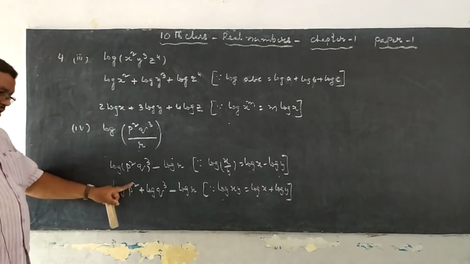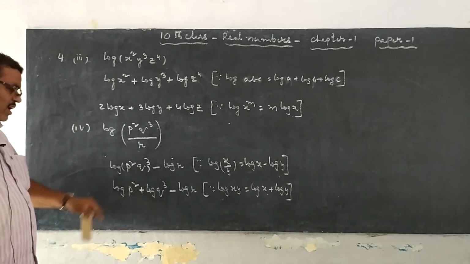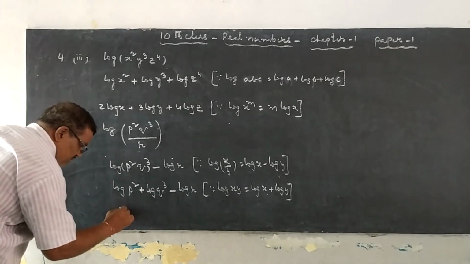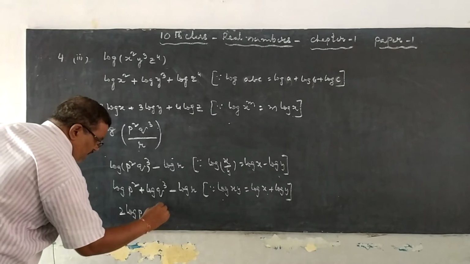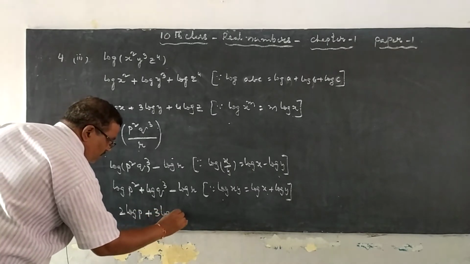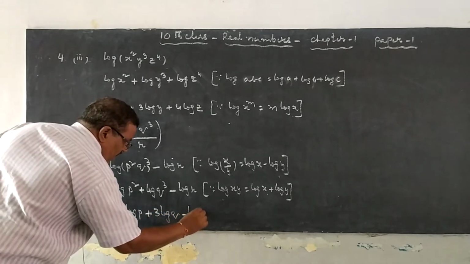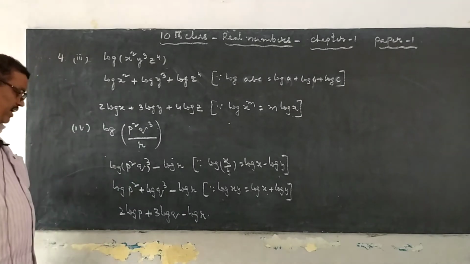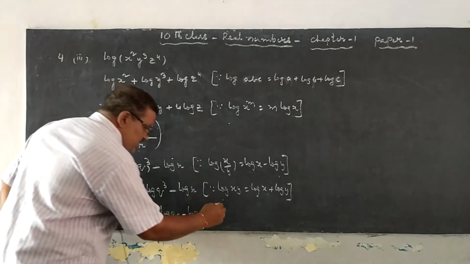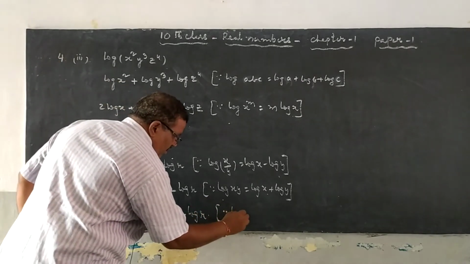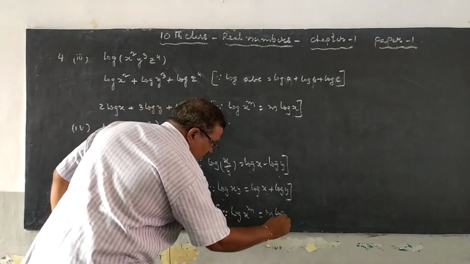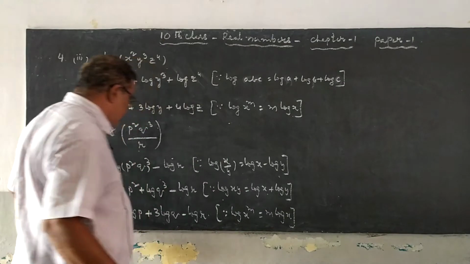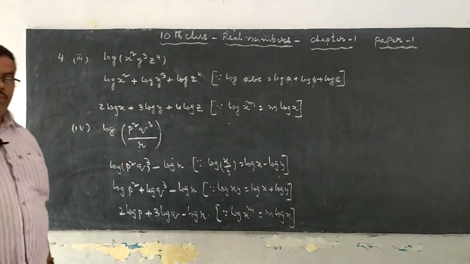Again, log x power m: the formula is m log x. So this is 2 log p plus 3 log q minus log r, since log x power m is equal to m log x. This is the expansion of the fourth problem.